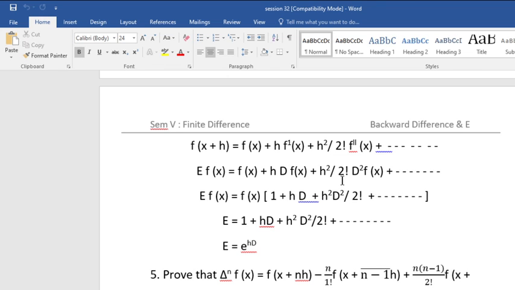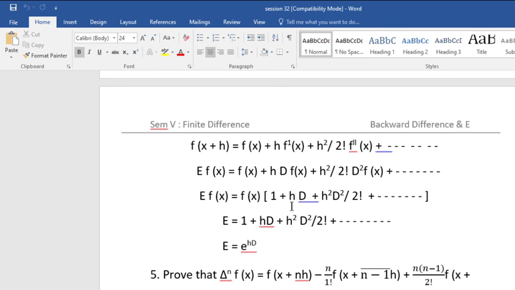h square by 2 factorial will be as it is. f double dash of x we can write as D square of f of x. So from all these terms, taking f of x as common factor, we can write it as 1 plus, and in the second term hD remains, and in the third term h square D square divided by 2 factorial remains, plus and so on.